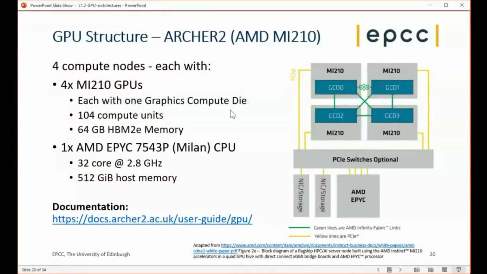As we said, the way a GPU works is that you run your program on a host CPU and offload instructions to the GPU. The reason why I have to do quite a few different module loads on ARCHER2 is that the CPU for the GPU nodes is different from the CPU of the main computational units. It's a 32-core Milan CPU. And this illustrates the architecture: you run your program on the CPU.